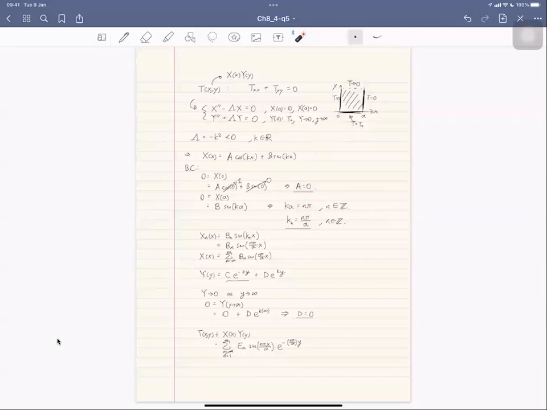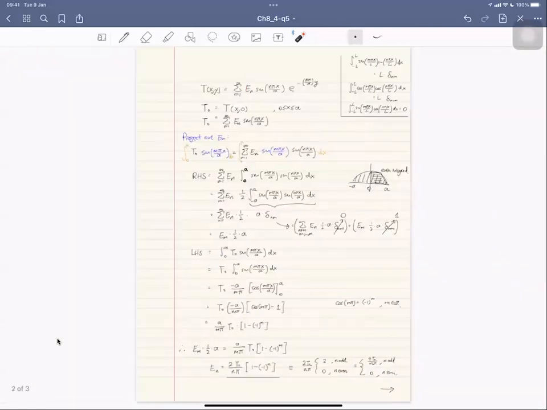Usually you should get 4, so 2 for each, or whatever the appropriate boundary conditions are, depending on the heat equation. If you have 2 second-order ODEs, you should expect 2 boundary conditions for each of them.